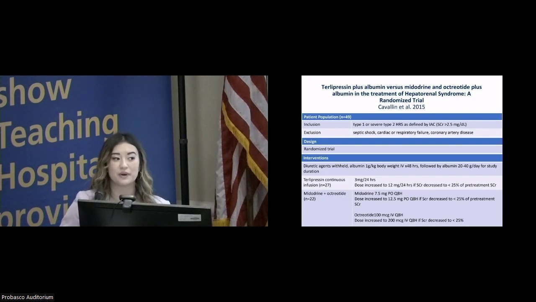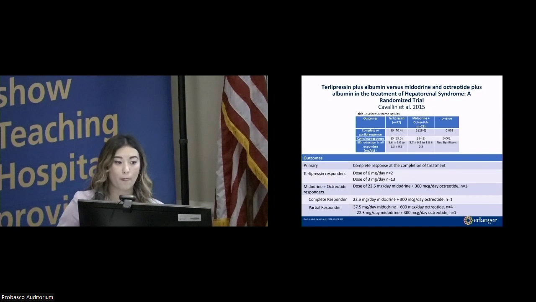Diuretic agents were appropriately withheld, albumin challenge was given, and terlipressin was administered in a continuous infusion versus midodrine and octreotide given. The primary outcome of the study was complete response at completion of treatment. I have listed for you the doses that patients received and whether they were complete or partial responder.